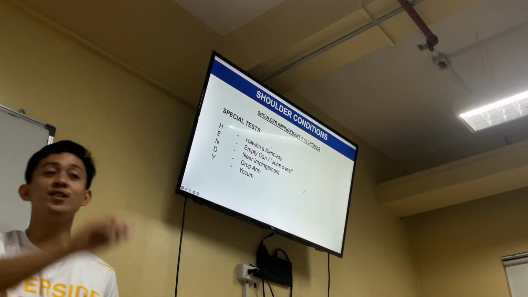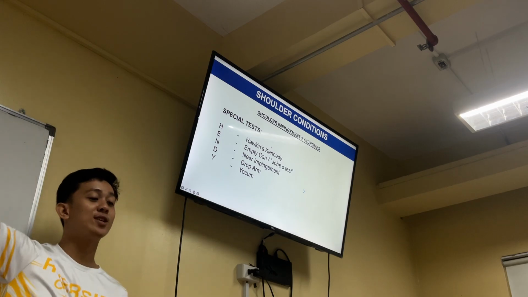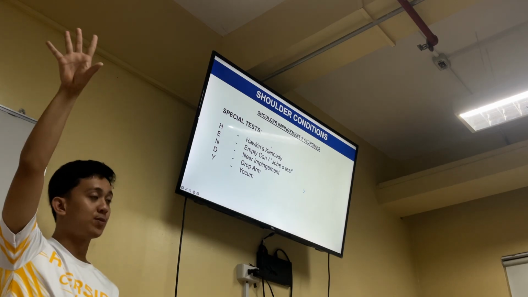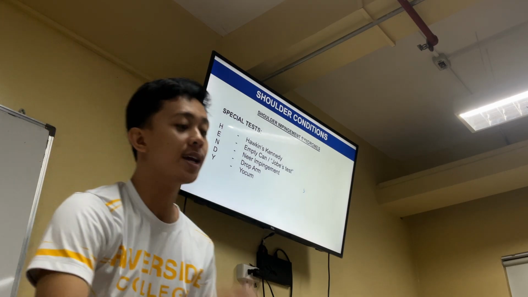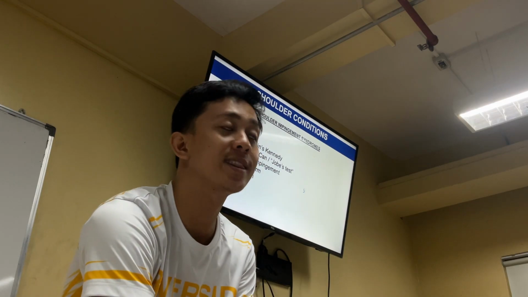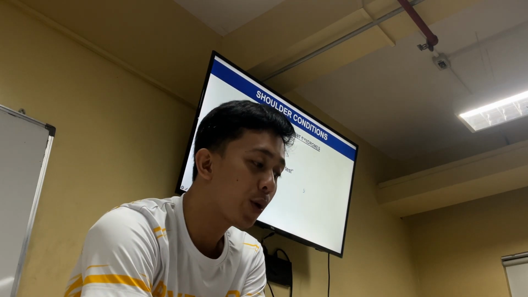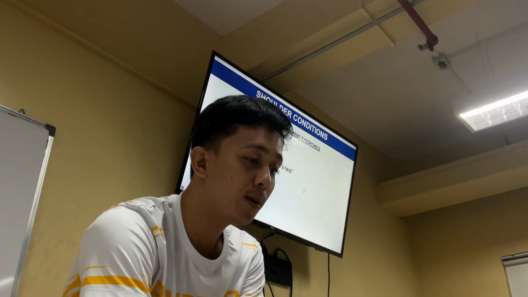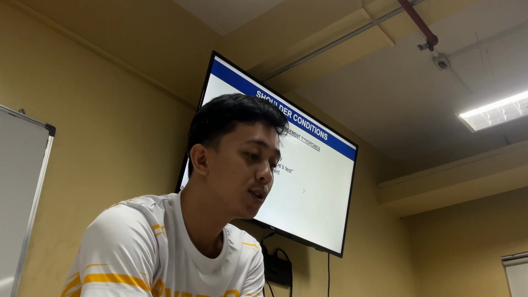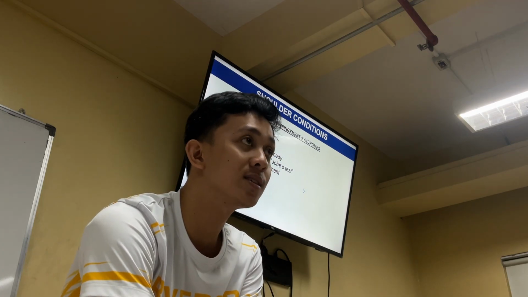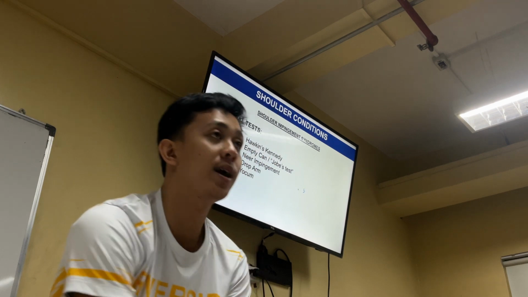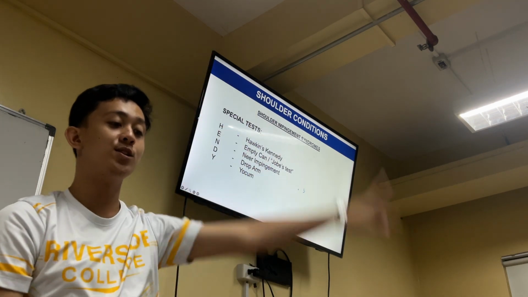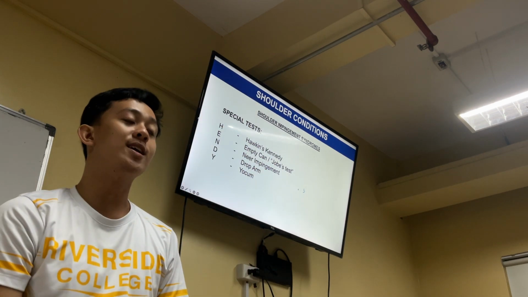Special tests. This is a general special test for shoulder impingement. The Hawkins-Kennedy, usually this is for supraspinatus tendinitis. Your Empty Can or Jobe's test, this is for supraspinatus tear. Your Neer impingement, internal rotation and fast, this is for supraspinatus tendinitis as well.